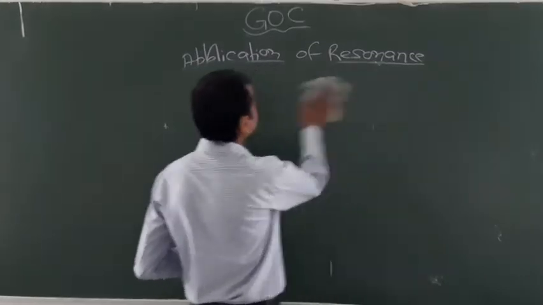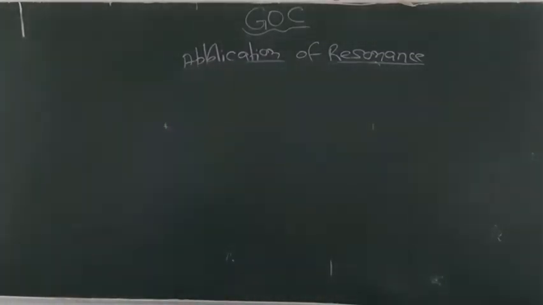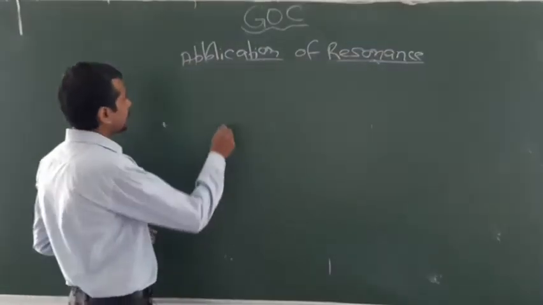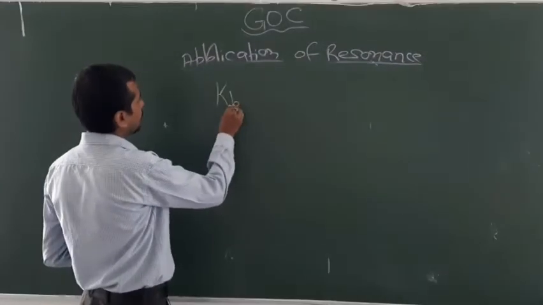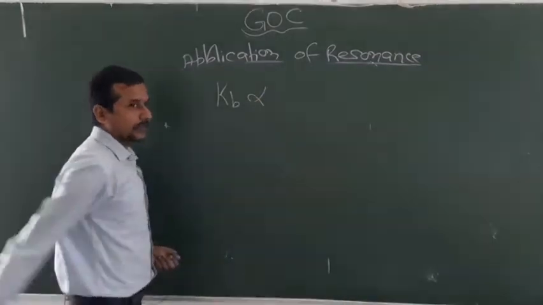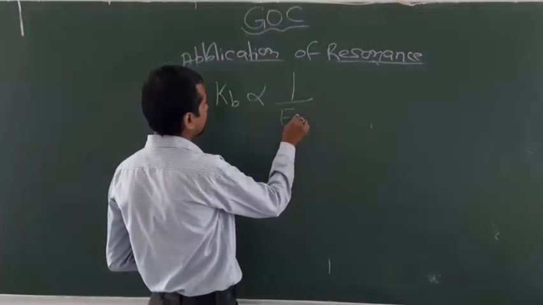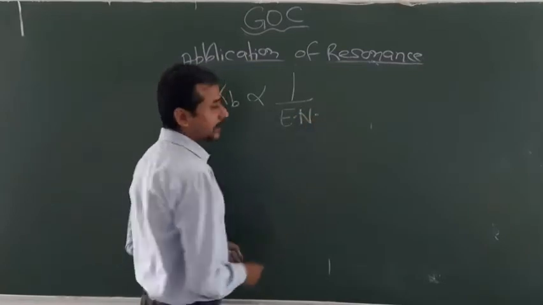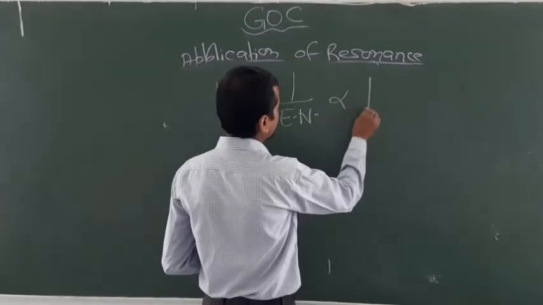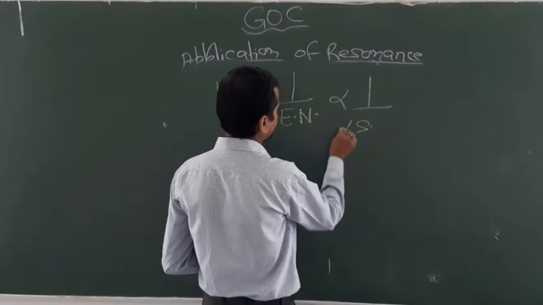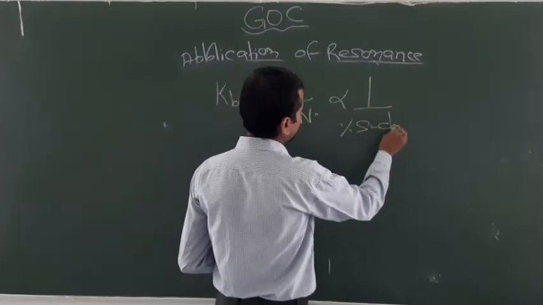Now, dear students, some more compounds you have to know. Basicity can also be defined in terms of electronegativity. Look at the conditions. Kb, that is basicity, is inversely proportional to electronegativity and also inversely proportional to percentage S character.